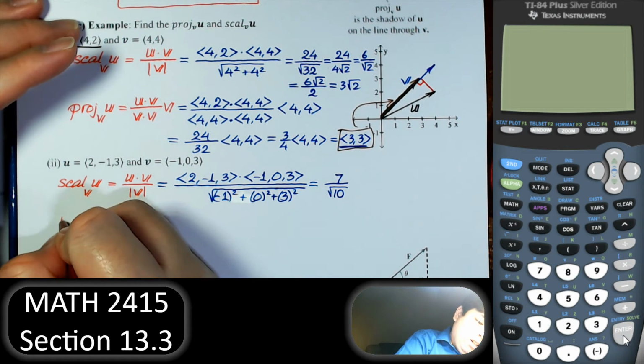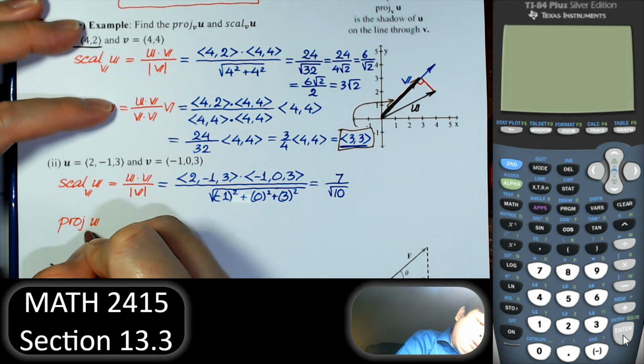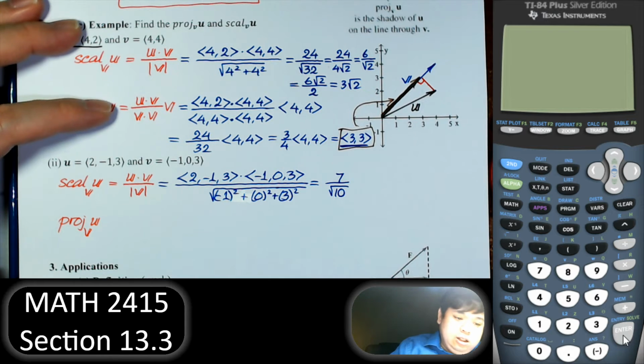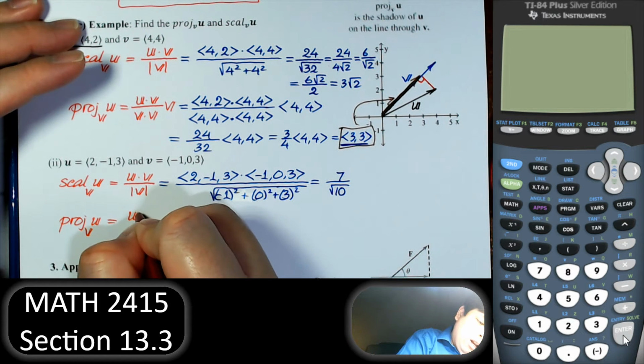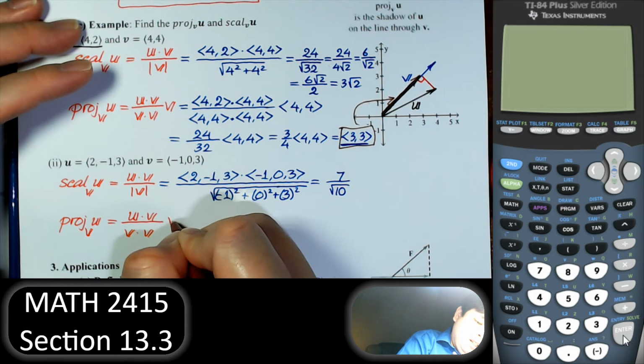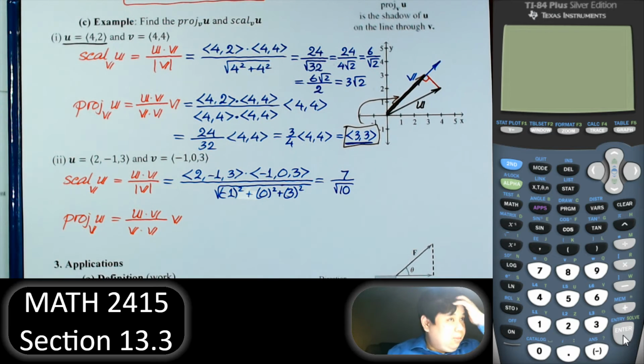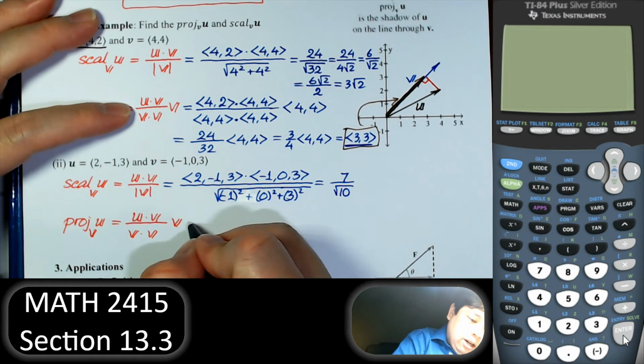Now the projection of u onto v is going to be the dot product over the dot product of v with v, times vector v. Notice that there's nothing in here. Right.